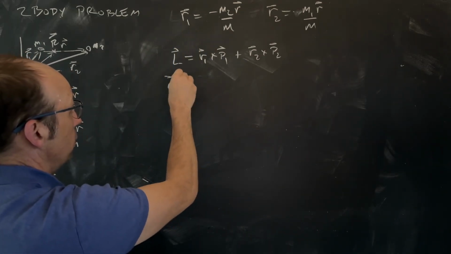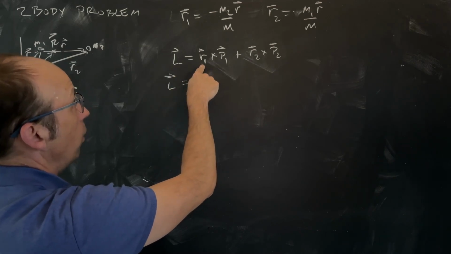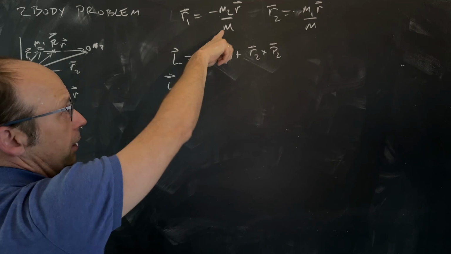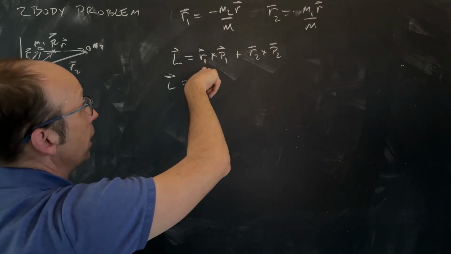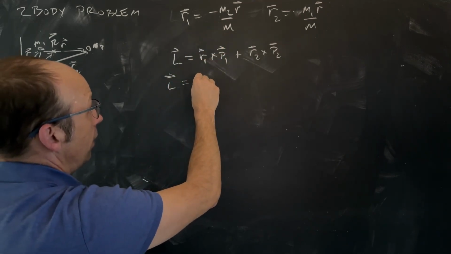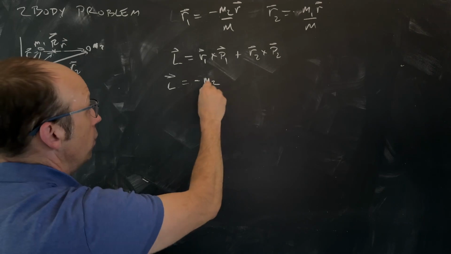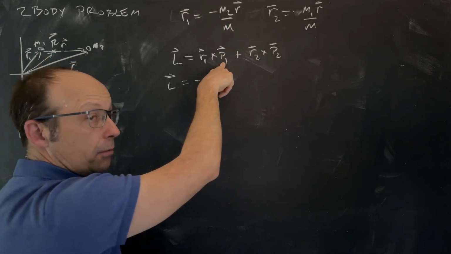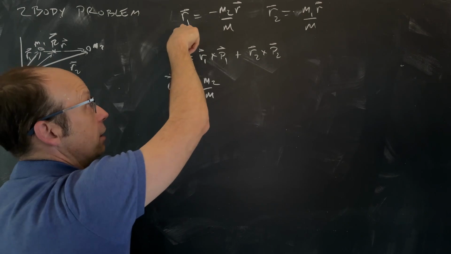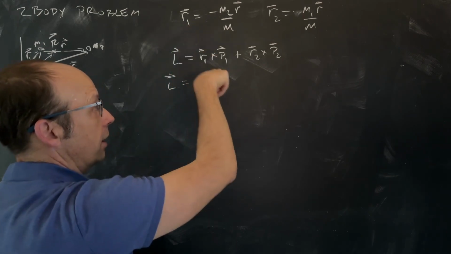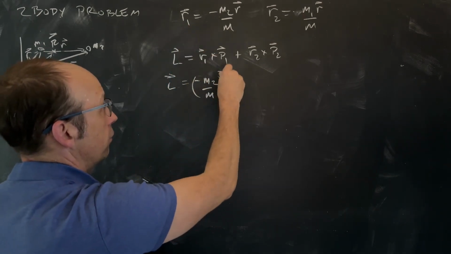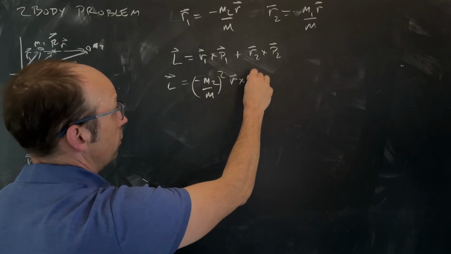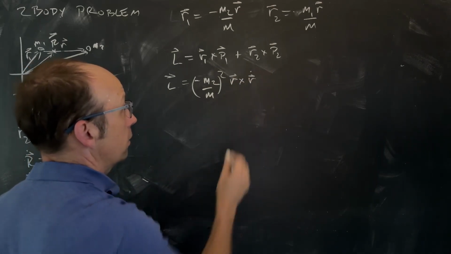So I'm going to say L, the total, is equal to R1, and I'm going to switch everything over to R, because I have two variables, but I don't really need r. So r1 I'm going to write as negative m2 over m. And now I'm going to have the momentum, which is mass times velocity, and when I take the derivative, that's my velocity. So I'm going to get another one of these terms squared, and then I get r cross r dot, right?